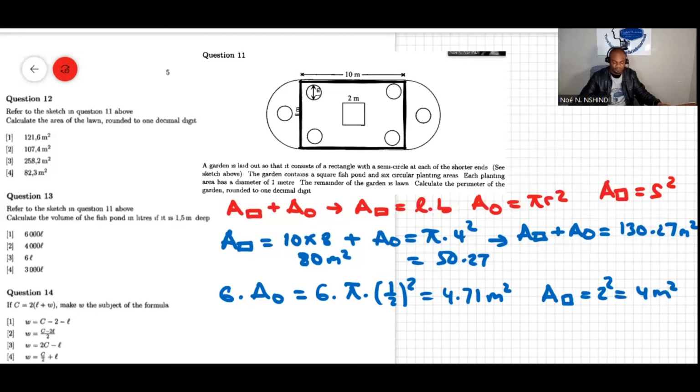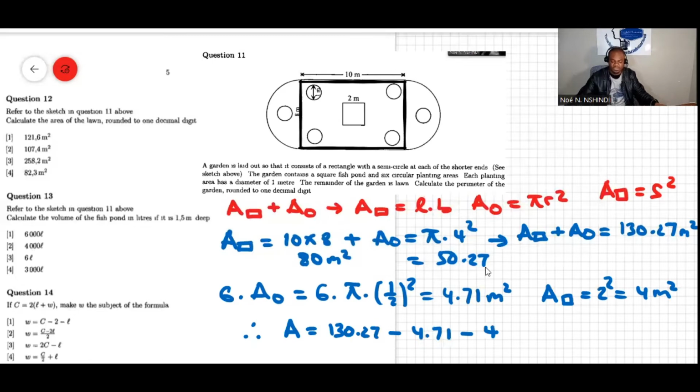Therefore, the area of the pond will be 130.27 minus the area of the six circular painting areas, which is 4.71, minus the area of the square there, minus 4.